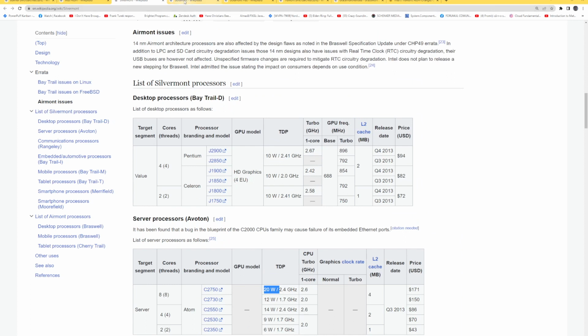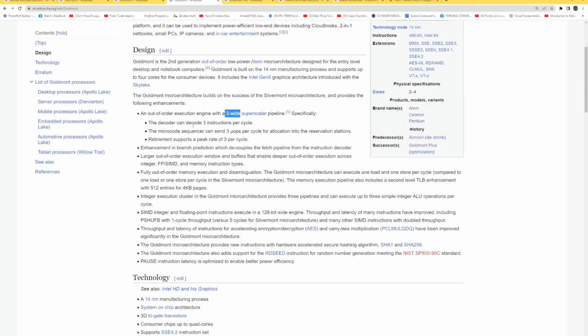After this came out of order execution, and out of order execution is in all the processors of today. In the next iteration, before it was 2-wide superscalar, now it's 3-wide, so it could improve up to 50%.